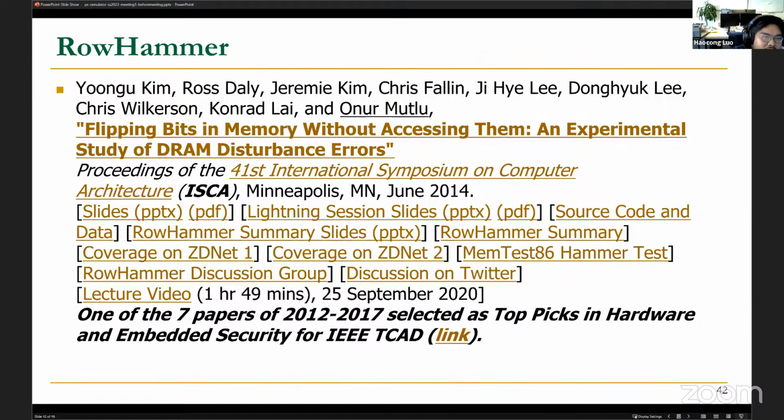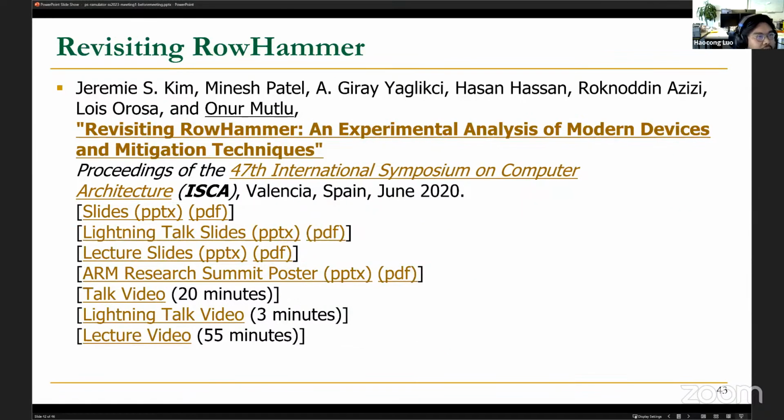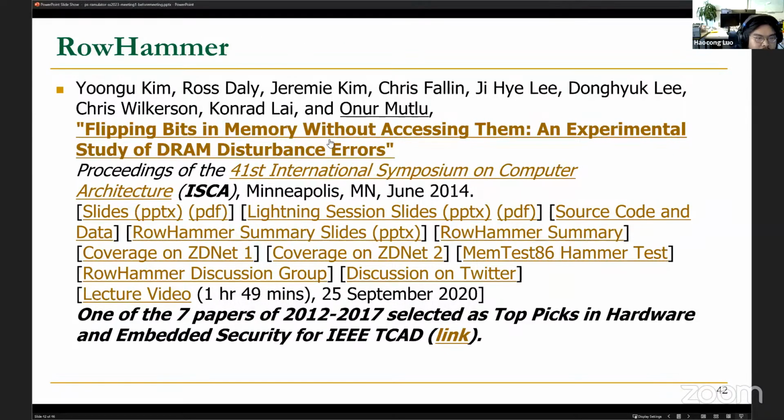So here we have the first paper that revealed to the academia and the general audience that RowHammer is a severe security vulnerability in DRAM. Notice that this is in 2014, where the mainstream memory we tested was DDR3.